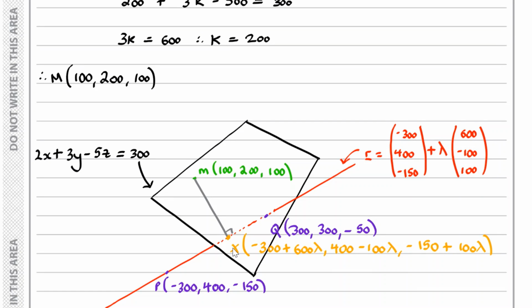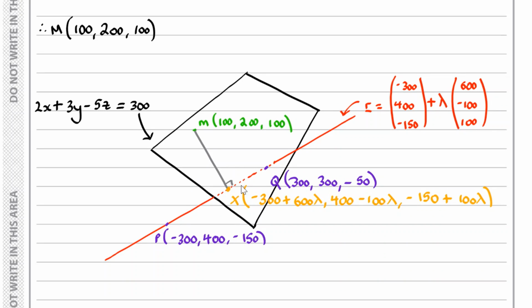And the shortest distance is the distance MX. Now, we know that MX is perpendicular to PQ. So first of all, we find MX, then set the dot product between MX and PQ equal to 0 to find what lambda is, and then substitute that value of lambda back into here to find the coordinates of X.